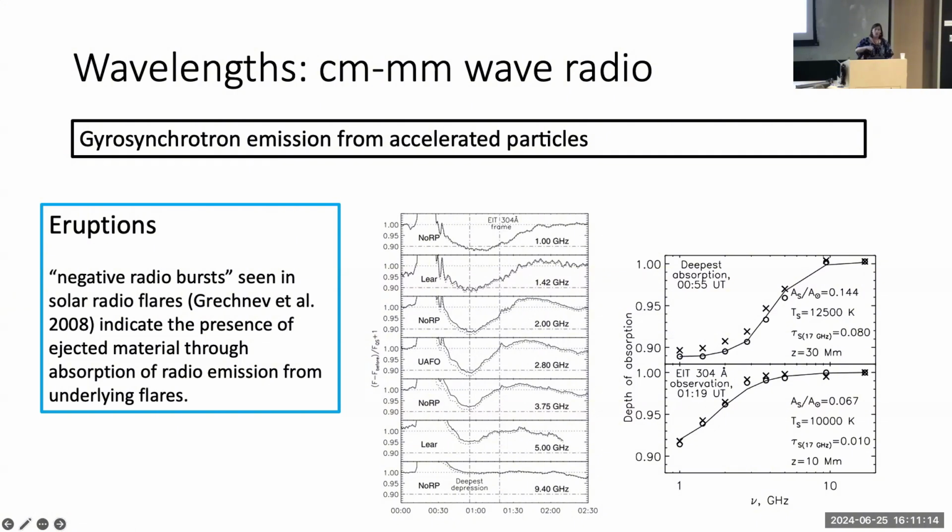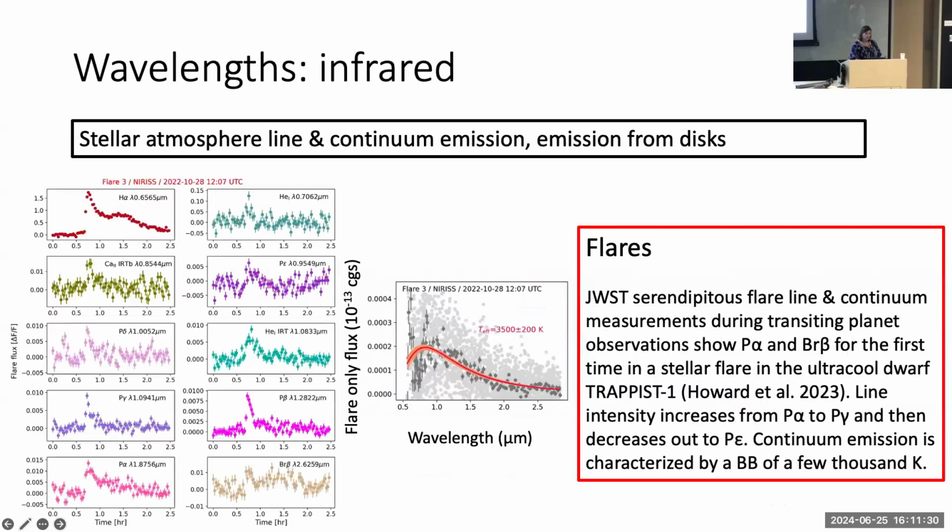So you have all of the wavelengths that you want usually. But this is a very speculative thing that we might be able to look for in stellar flares, that could be another signpost for an eruption. So I just want to put that out there for the radio-minded folks in the audience.